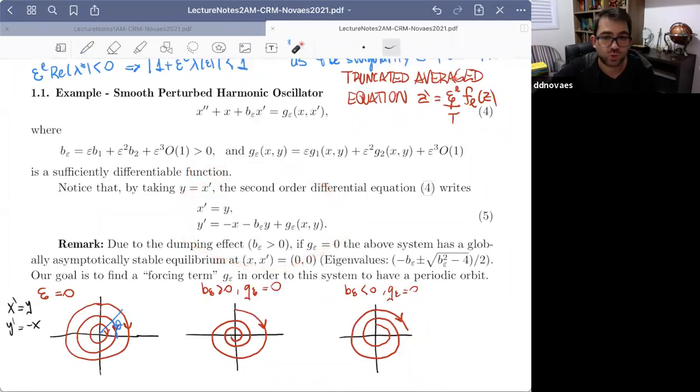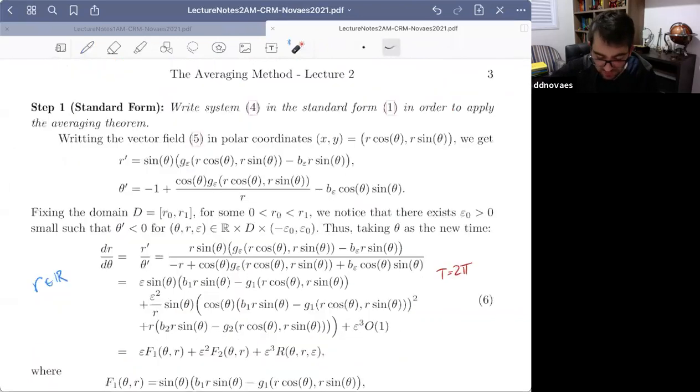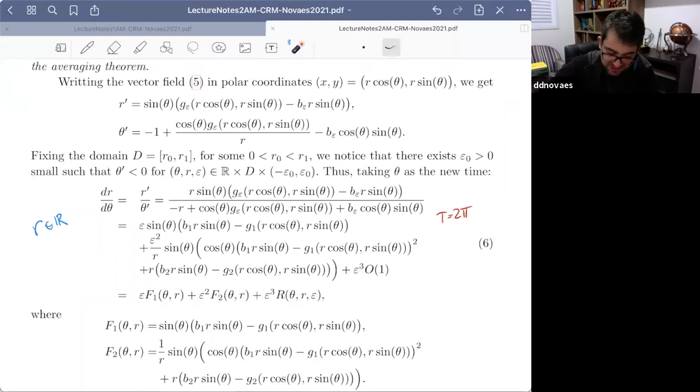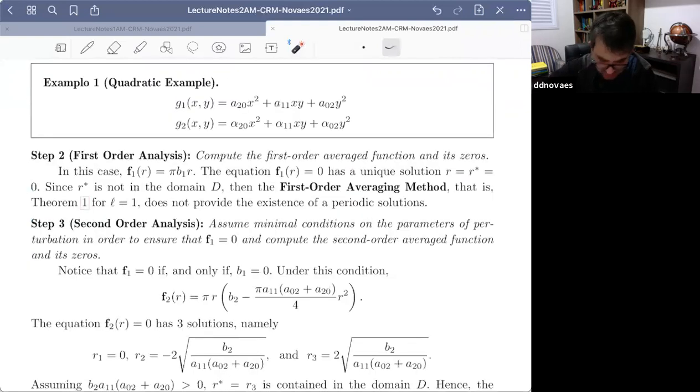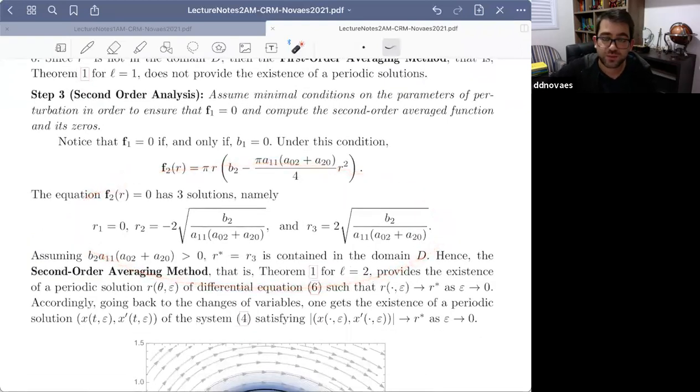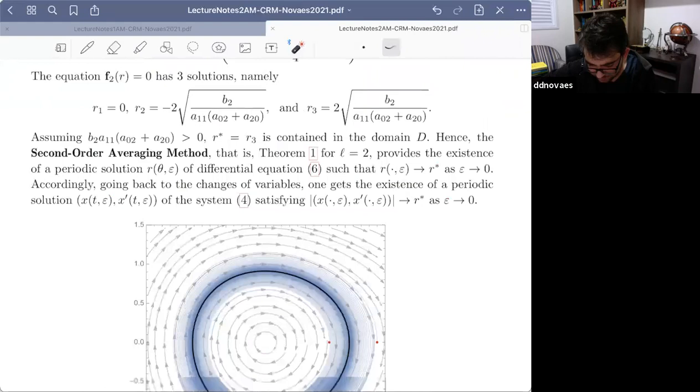So I need to apply a transformation and be careful with the domain of the transformed system in order to make sense with the original differential equation. But you are right. If I'm talking about periodic solutions of this differential equation 6, those three zeros provide periodic solutions of the differential equation 6. However, it is not related with periodic solutions of the initial differential system. Yes.